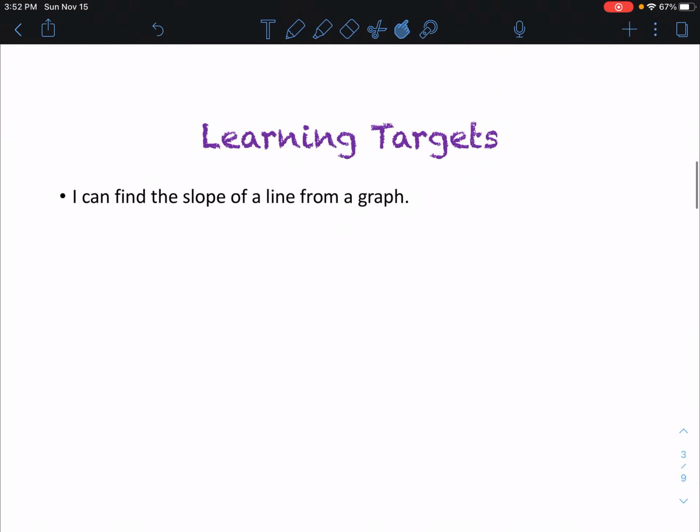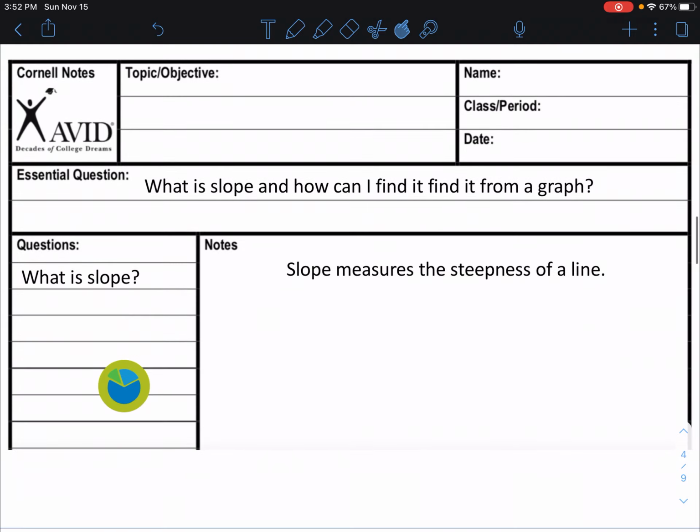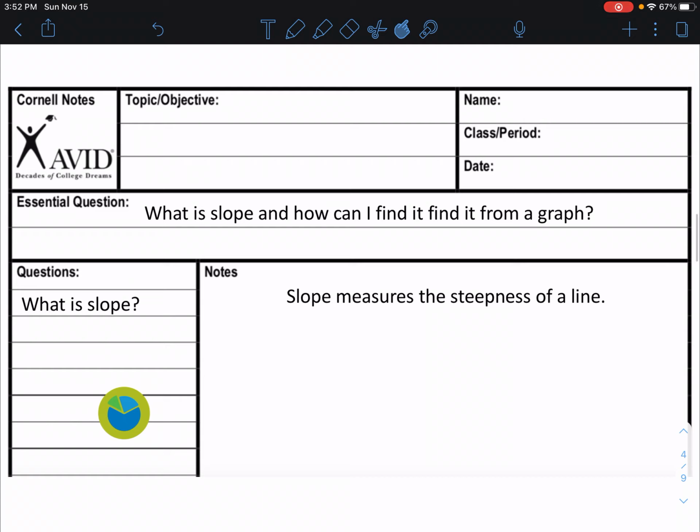Okay, and we're going to learn how to find the slope from a line and from a graph. What is it? How do I find it? What is slope? It simply measures the steepness of a line. So how steep a line is. You might have a line like this.